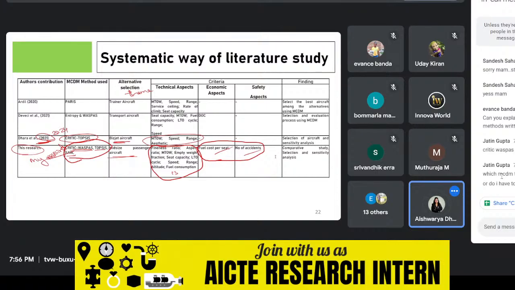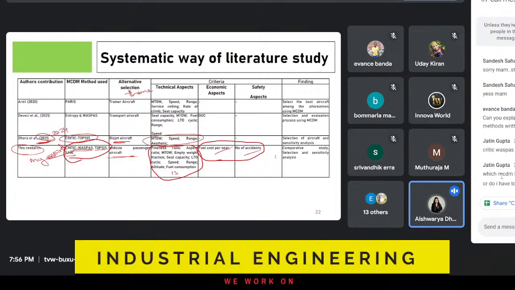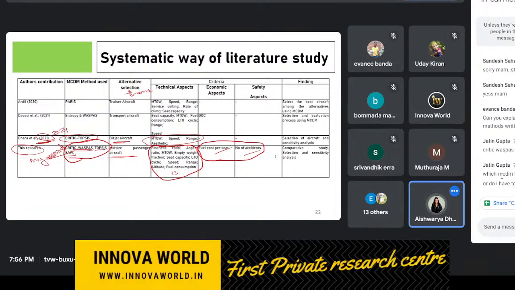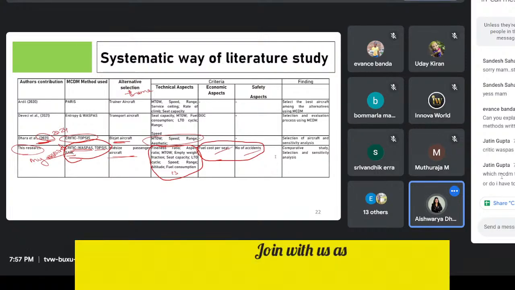If not, study different variants of the MCDM technique and identify which is the most robust, which gives the most accurate result; that will also serve the purpose. Jitin, I hope I have clarified your question.